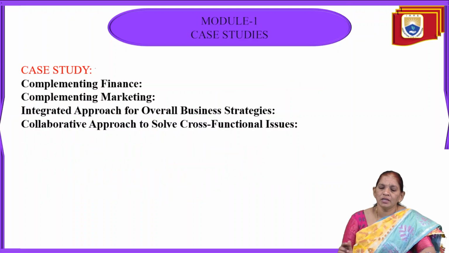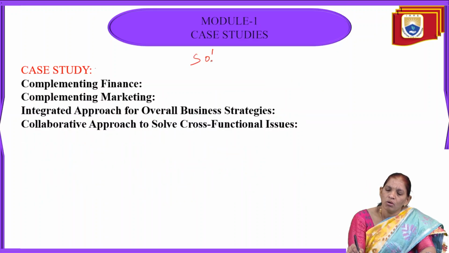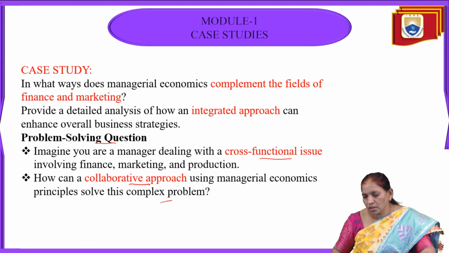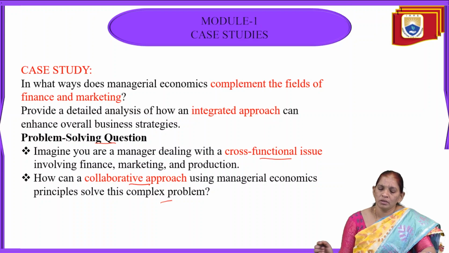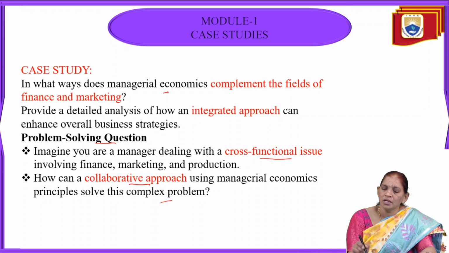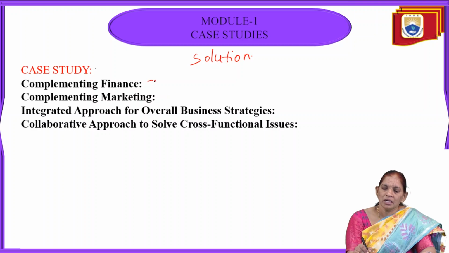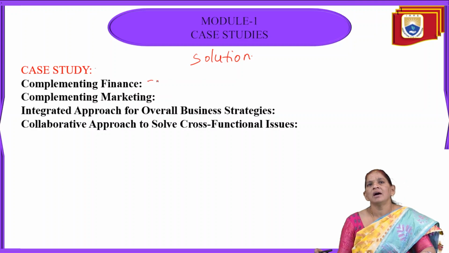For that, we can go for the solution, the analysis or preparation of the case study. We have to identify the important side headings the case has. One, the case relates to the managing capabilities of economics in the field of finance and marketing, meaning it wants the complementing of finance and marketing issues.